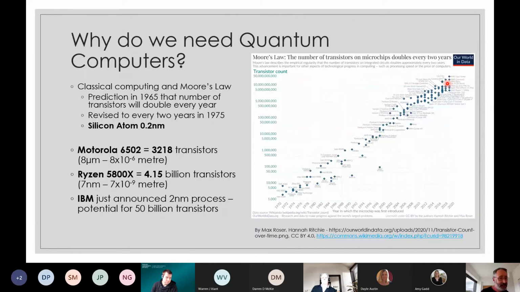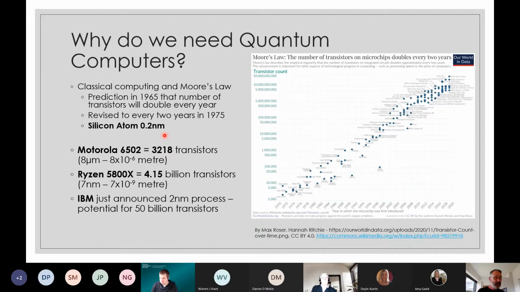The problem is, and this is talked about almost every year, this won't continue. One of the reasons for that, as I mentioned earlier in the slide, is that we're getting to the limits of what you can do with silicon. A silicon atom is 0.2 nanometers in size, and 7 nanometers isn't that much bigger, only 35 times larger.